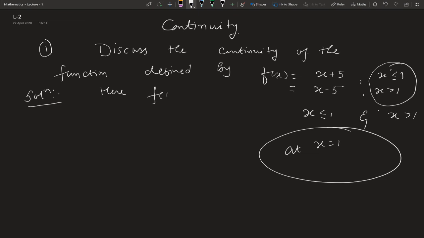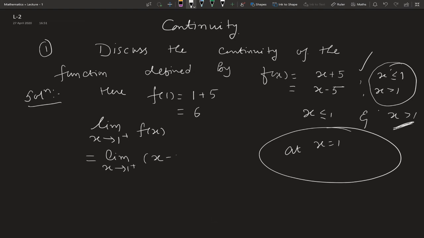Here f of 1 is defined in this part, so we take x equal to 1, 1 plus 5, that is 6. Now, let us evaluate the right hand side limit, limit x tends to 1 plus f of x, which is limit x tends to 1 plus of x minus 5.